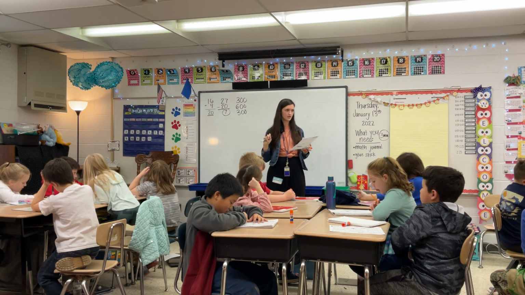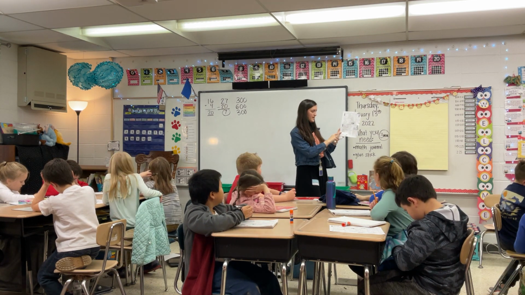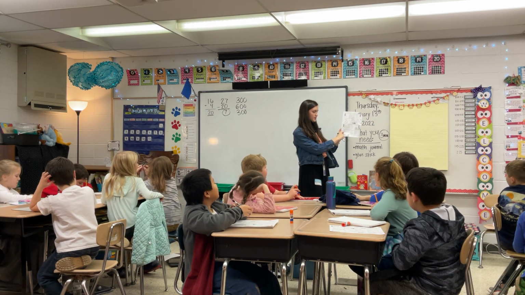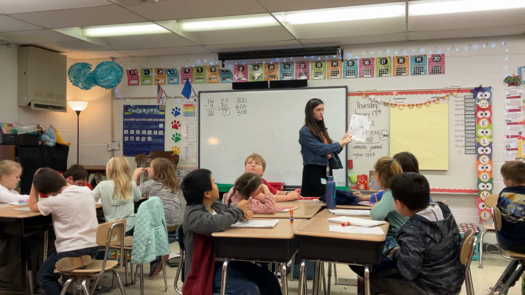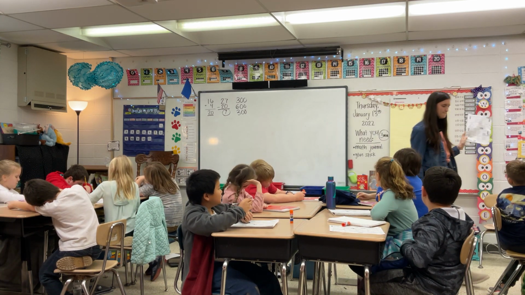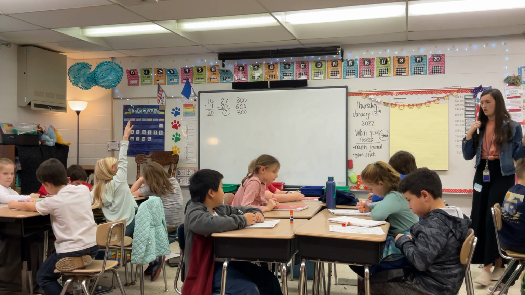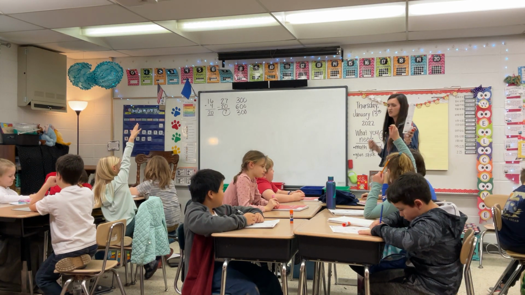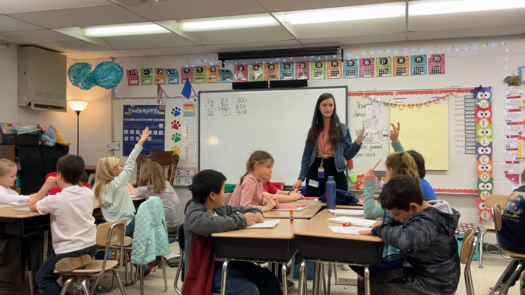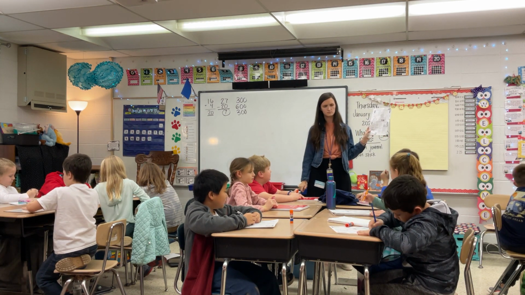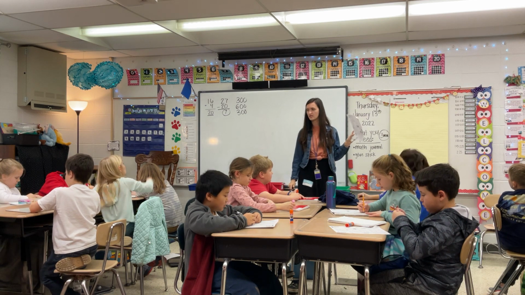I know our projector's not working today, but right here you're going to color this one, and this one. So there's 3 that'll be colored in, all the shapes with 4 sides. The only one that is not colored in is the triangle. Yes, you can scribble them in. You don't have to color them all the way.